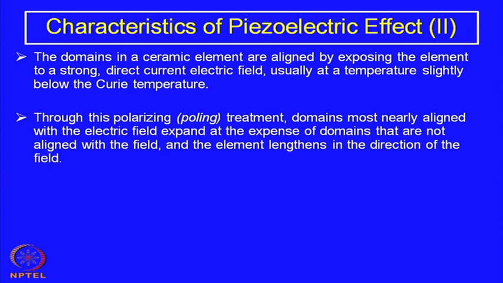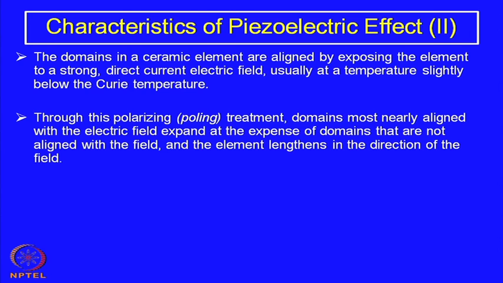Through this polarizing treatment, that is the poling treatment, domains most nearly aligned with the electric field expand at the expense of the other domains. The domains more nearly aligned to the electric field expand, that was also discussed during ferroelectric domains.